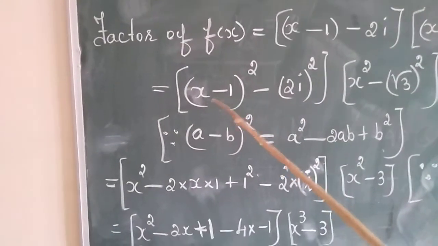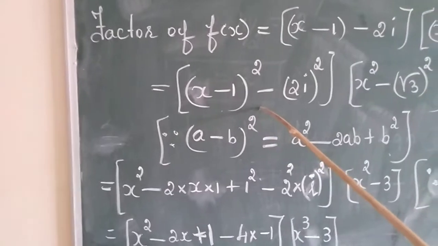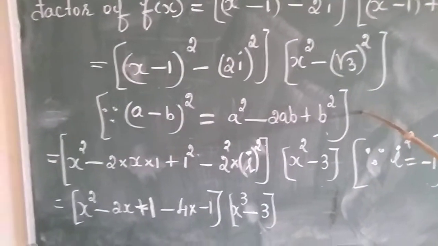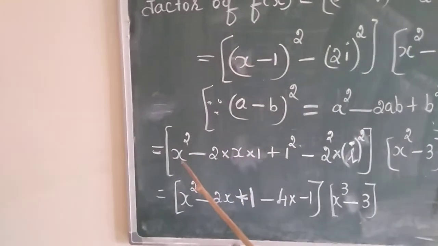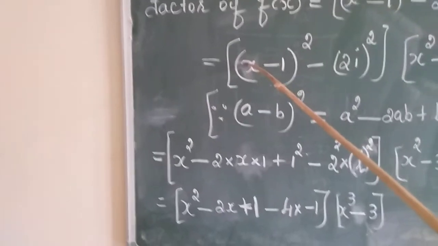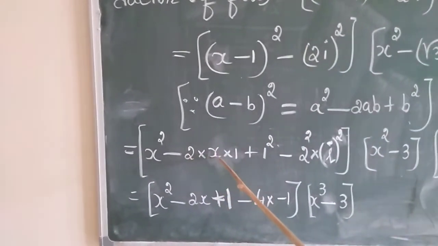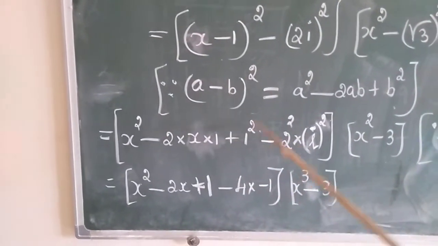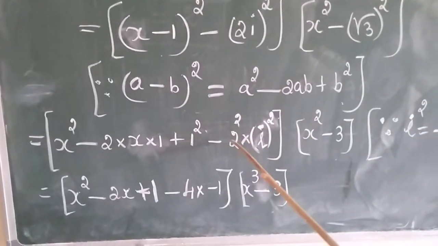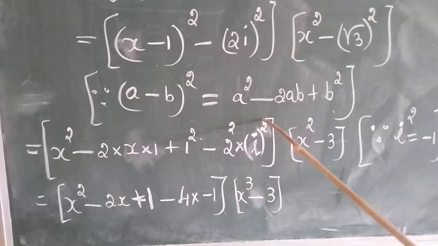Now we are trying to expand x minus 1 the whole square. It is in the form of a minus b the whole square, which is equal to a square minus 2ab plus b square. If we expand, we get x square minus 2 into x into 1 plus 1 square, minus, now this is 2i the whole square. We put the power separately for these two numbers, that is 2 square into i square.